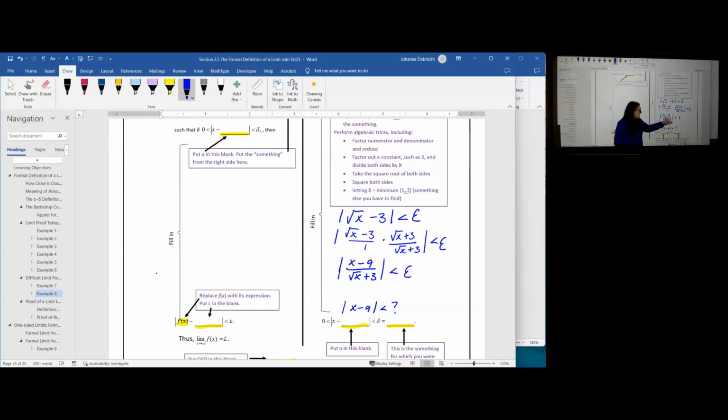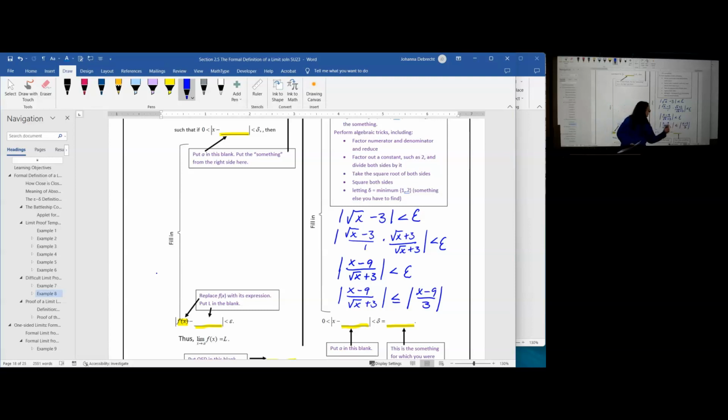So I know that this x minus 9 divided by the square root of x plus 3 must be less than or equal to this largest possible value for it, which is x minus 9 divided by 3. To make the fraction as large as possible, I made the denominator as small as possible.